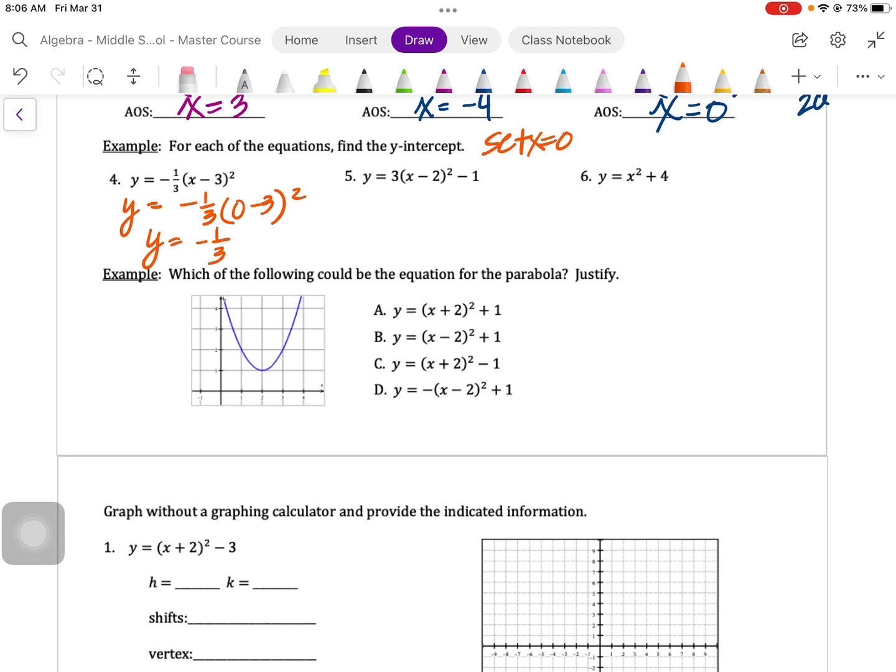Okay, and again, this is all mental math, just order of operations. You might want to do a little scratch work here. 0 minus 3 is negative 3. Negative 3 squared is 9. So we're doing 1/3 of 9, which is 3, and that would be negative. And then if I write that as an ordered pair, my y-intercept is at 0, negative 3.